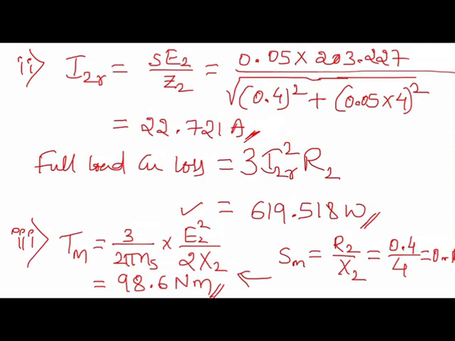Once you calculate the maximum torque, it is also asked to calculate the speed at which it occurs. Let us take the speed as Nm. The equation for speed in terms of slip and synchronous speed is ns into 1 minus s, where s is the slip under maximum torque condition, that is Sm.